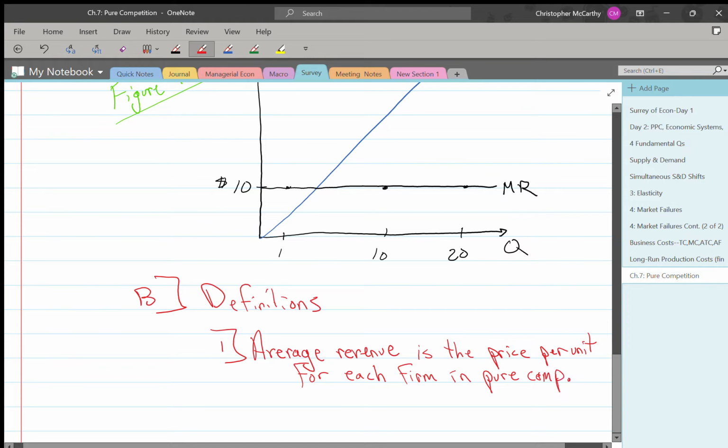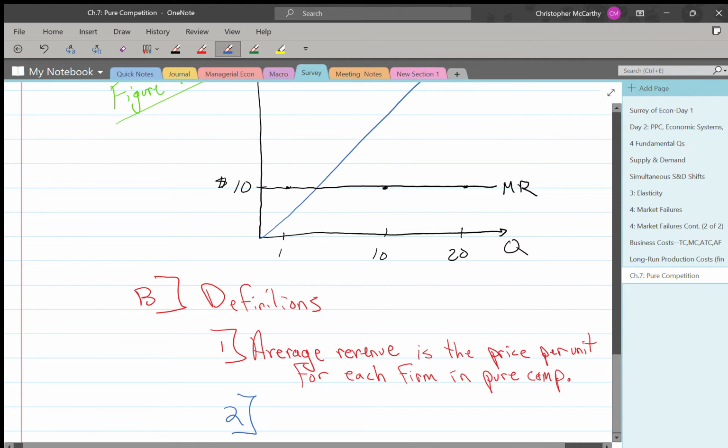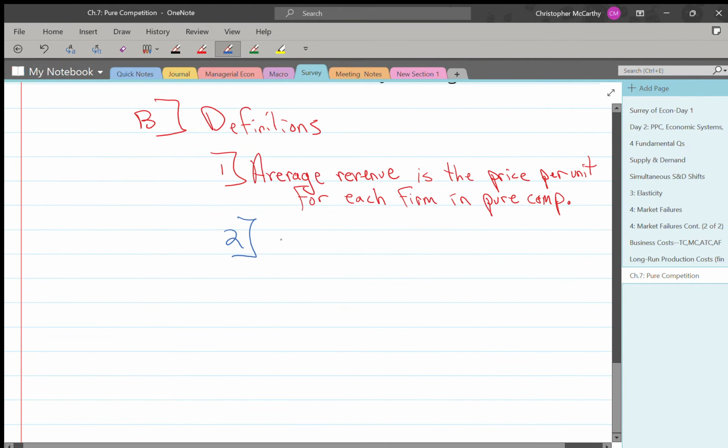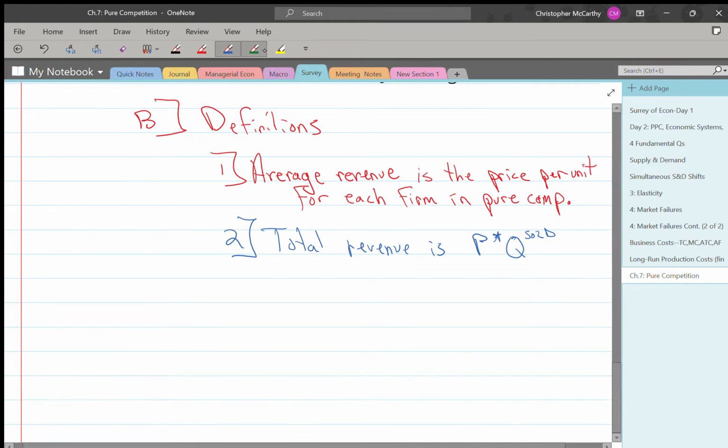Next is our total revenue, which is just that price multiplied by my quantity that's actually sold. It doesn't matter if I produce them, it doesn't matter if they're on the floor, that's just part of inventory. I've got to actually sell it in order to get my total revenue to increase.